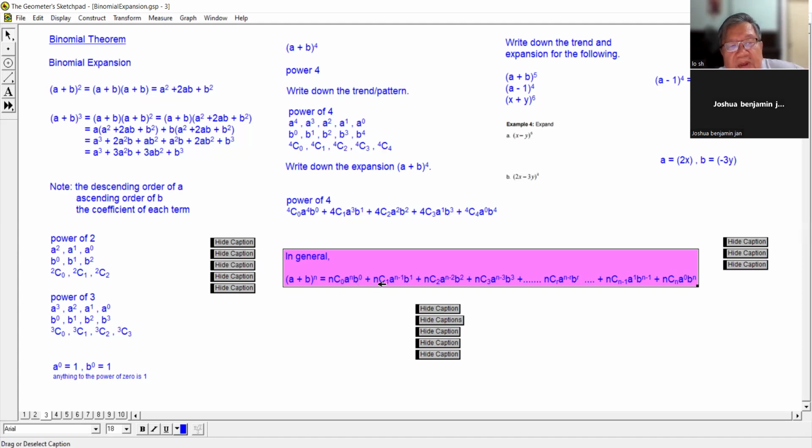So the next term, after 0, it will be 1, nC1. As soon as you see the 1 there, the b will be raised to the power of 1. Then what about the power of a? n minus 1. Let's say if it's 4, then this will be 4 minus 1. Is that okay with you? Yes. Okay, so that means you can follow the pattern, the trend from one term to another.